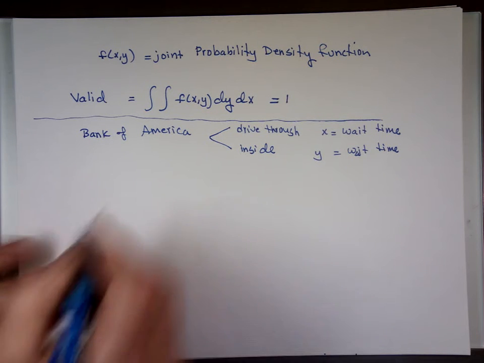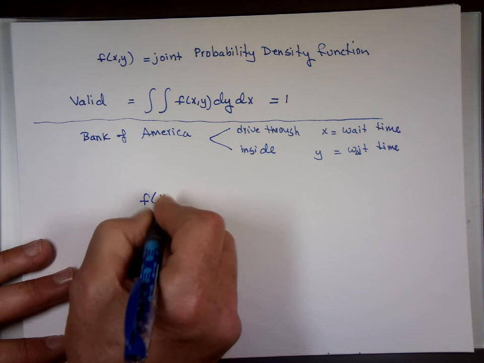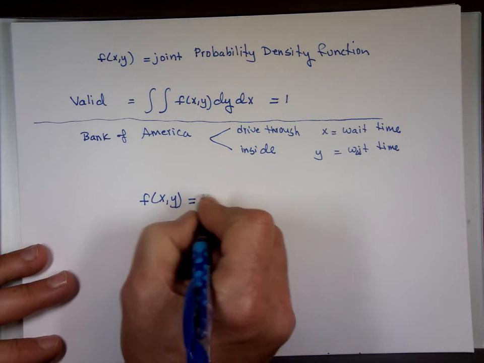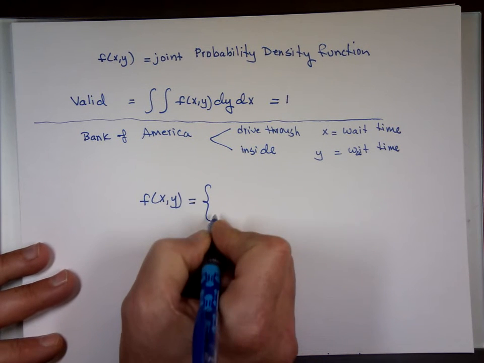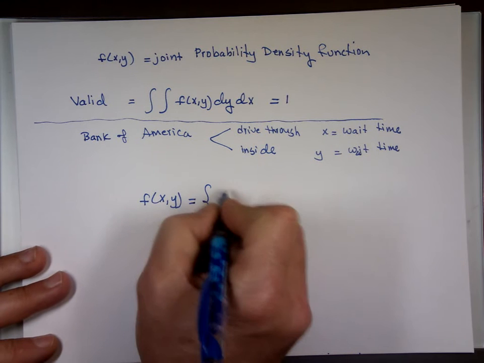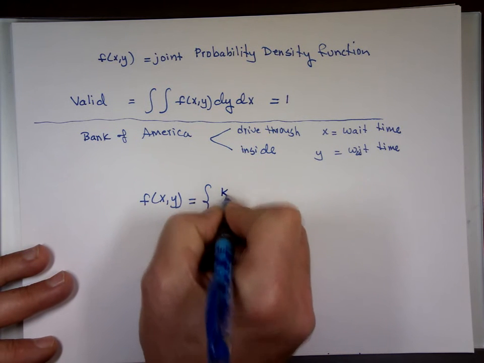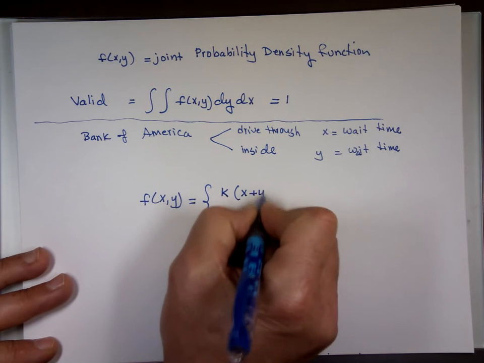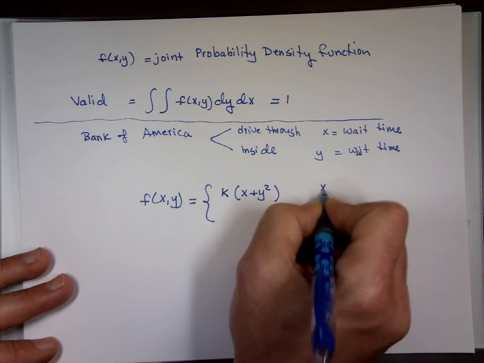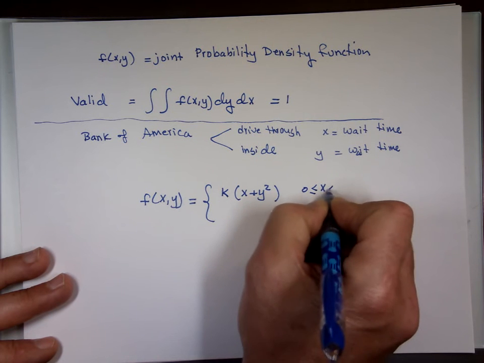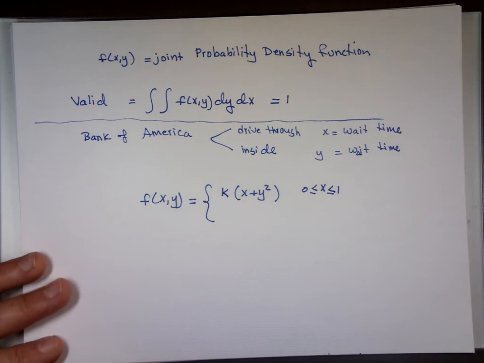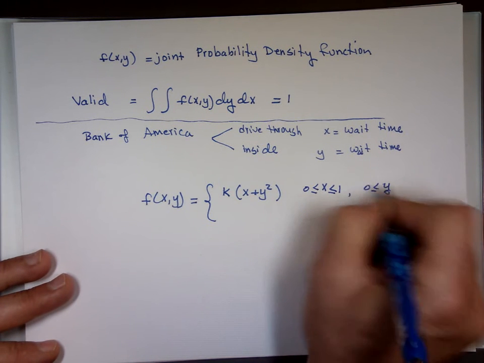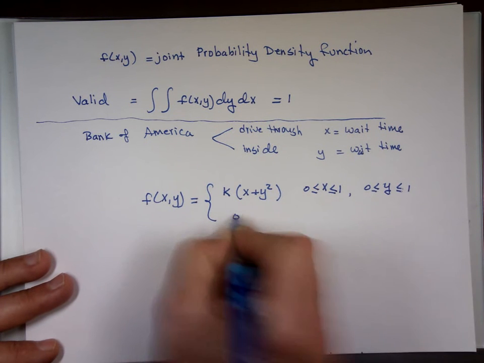Let's say the function given to us, the joint density function for both wait times, is the function which is some constant k times x plus y squared, where x is between 0 and 1, assuming it's 1 hour, that's a long wait there, and the y value between 0 and 1, and 0 otherwise.